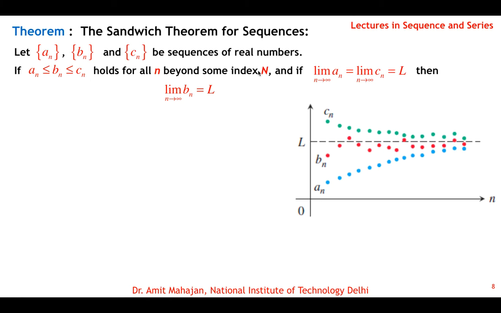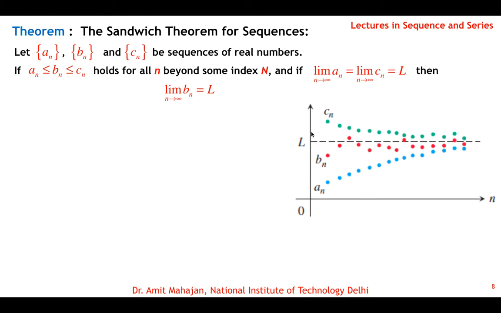And if the sequence a_n, the first sequence, is convergent and sequence c_n is also convergent and they converge to the same point, then the sequence b_n also converges to the same point.